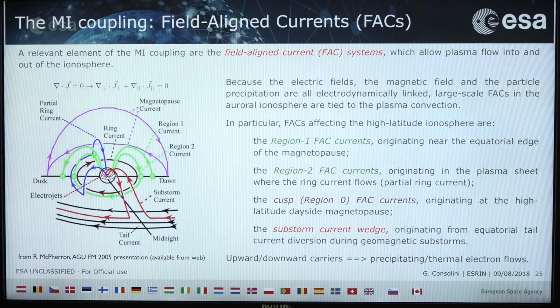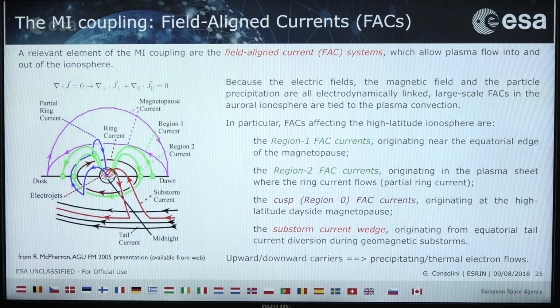In particular, we have the so-called region 1 field-aligned currents that originate near the magnetopoles. They are this one. Then we have the region 2. Then we have the Cusp, which is just another one that connects this part here. And then we have the substorm current wedge, which originates essentially from the diversion of the equatorial tail current flowing in the magnetosphere, and this is active during substorm times.